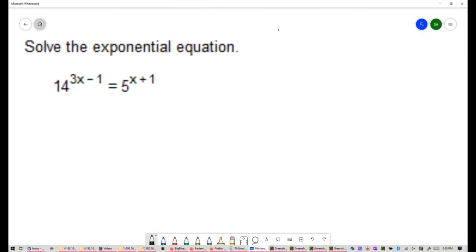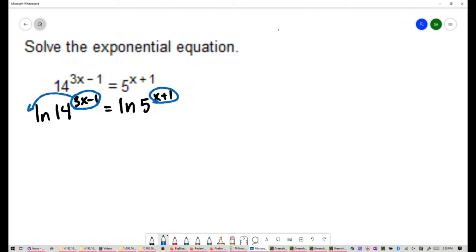So I'm going to do the natural log on the left and the natural log on the right. And I can use the power rule for logarithms to move this exponent into the coefficient. This would give me 3x minus 1 natural log of 14 equals x plus 1 natural log of 5.